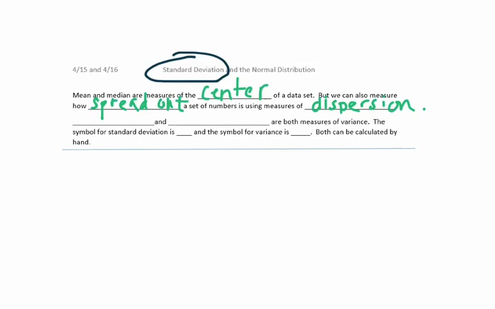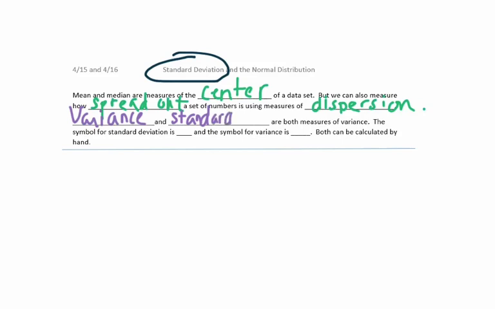Now, there's a couple of vocab things in here, and one of them is a typo, so I'm going to have you make a correction to your handout as I'm filling this out here. So two of them are things called variance, and the other is standard deviation, and that's the one we're going to talk about today.